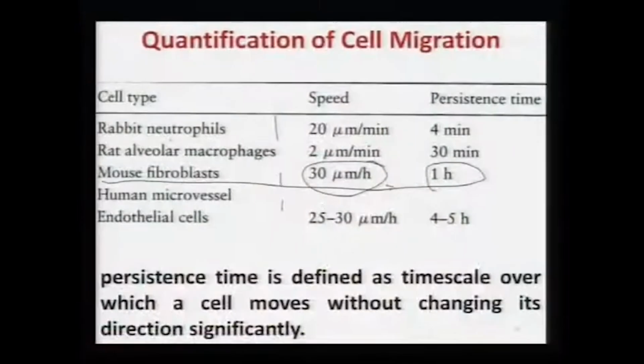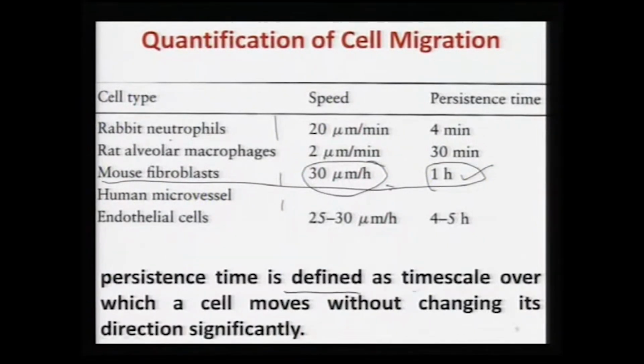So, with the naked eye it is next to impossible to observe the cell migration process, because the cell is moving at such a low speed. Similarly, the persistence time is typically 1 hour. Now, what is the meaning of persistence time?